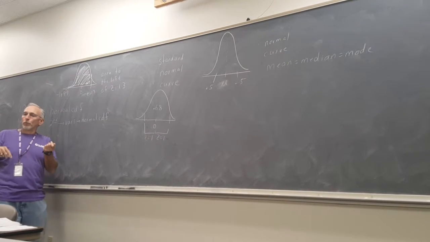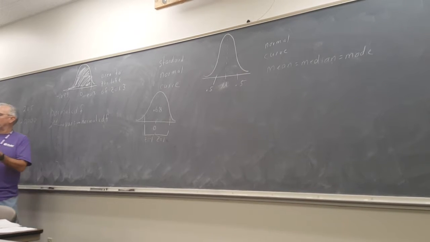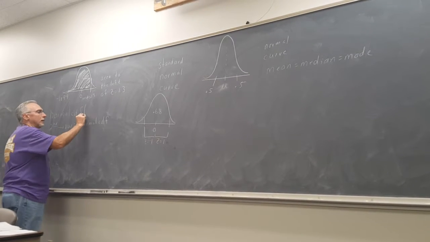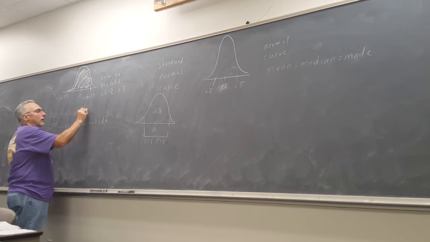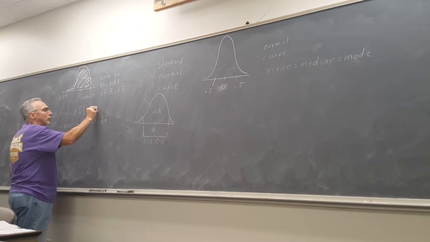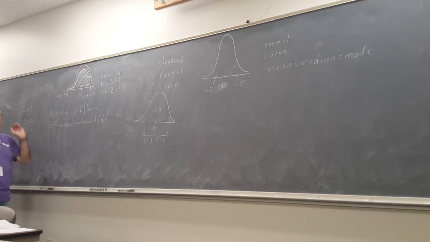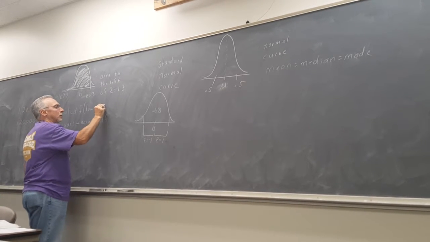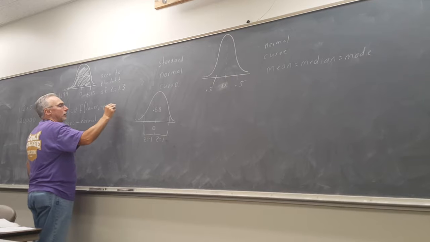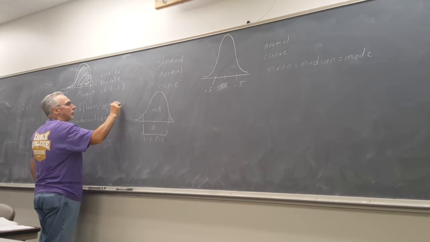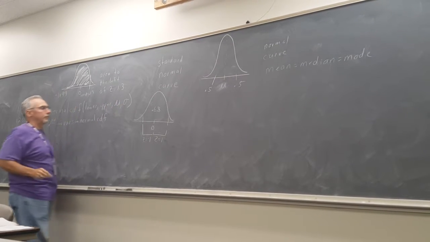I want you to write down the formula, because I'm sure she's going to ask you for this next week. On your sheet, you put down the lower bound. So how far left am I going? You put in the upper bound. Then you put in the mean and the standard deviation.